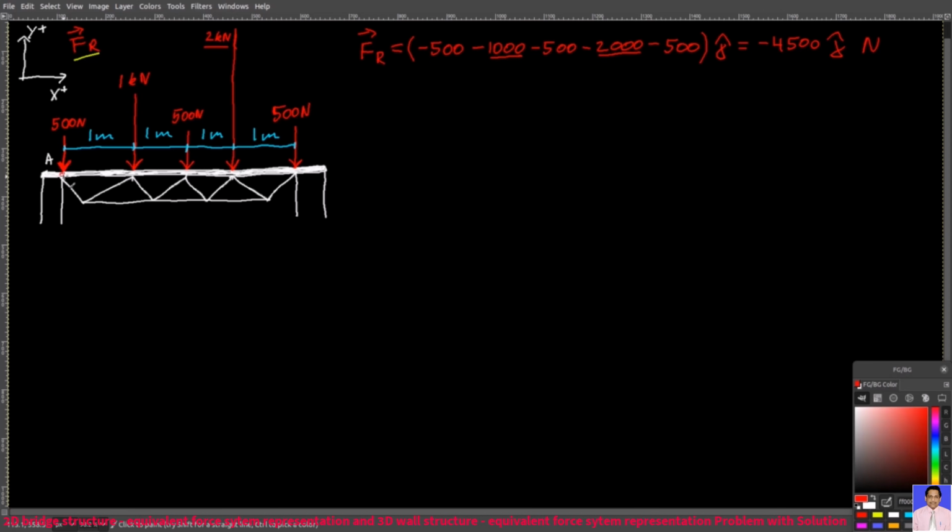Now here I have my point A, and let's calculate a resultant moment about this point A due to all these forces.